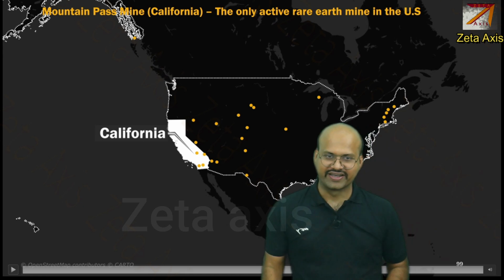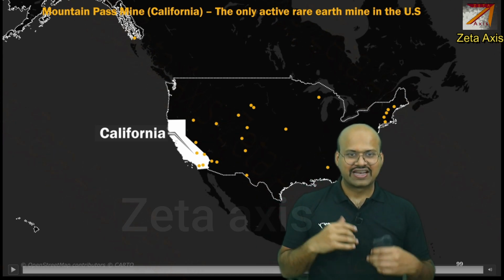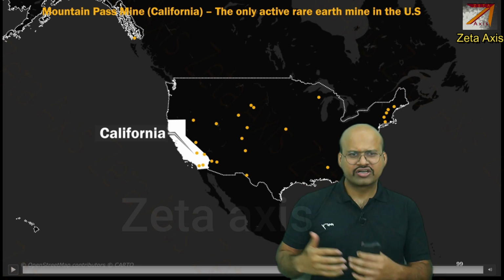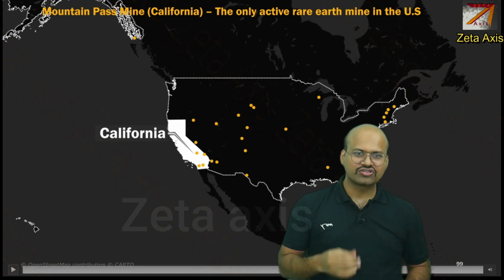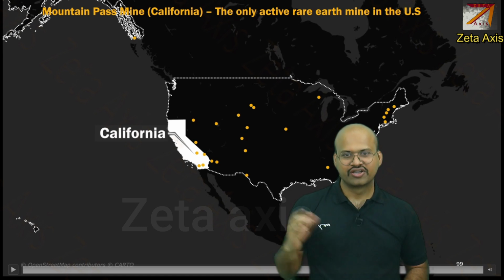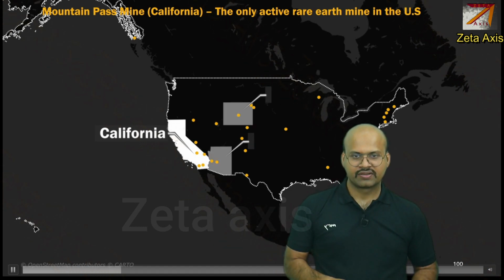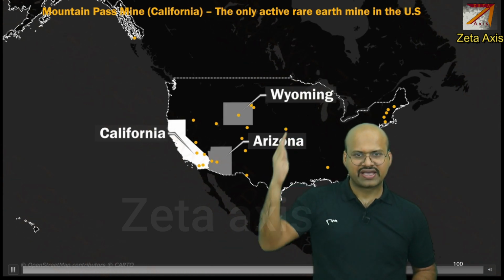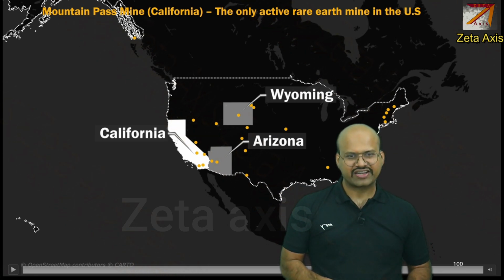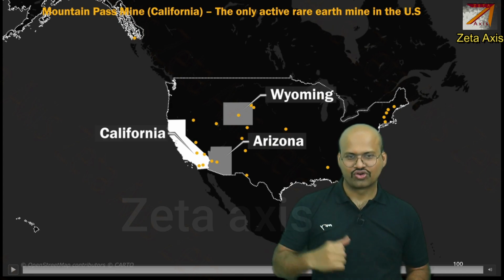So as I said earlier, even though there are large deposits of rare earth minerals across the United States or several other countries, because of the large pollution extracting them creates, countries do not prefer to extract them. Again, there is Wyoming and Arizona, which also have some deposits of rare earth minerals. However, the active production on a large scale is not going on over there.